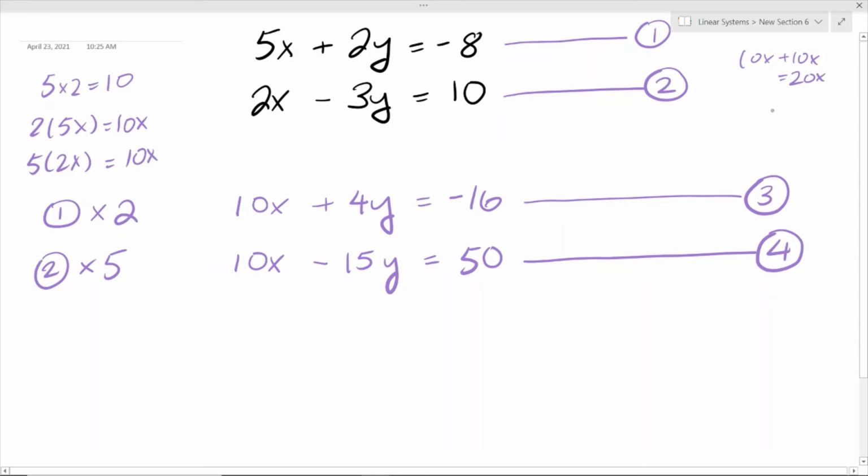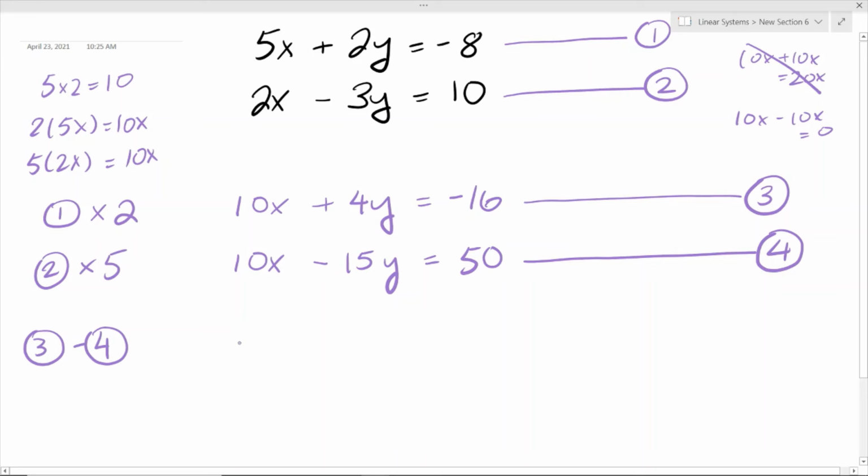It's not going to give us 0. Instead, we can do 10x minus 10x, which gives us 0, right? This would work. So we can take equation 3 and 4 and subtract this time, okay? You don't have to add the equations. Like in the other example I added, but here we're going to subtract because it works better.